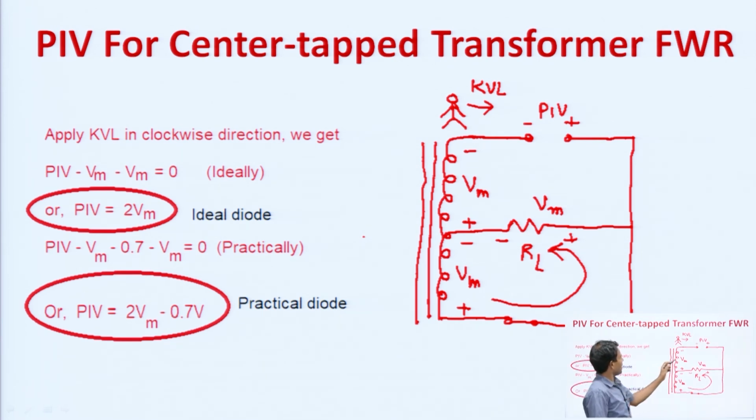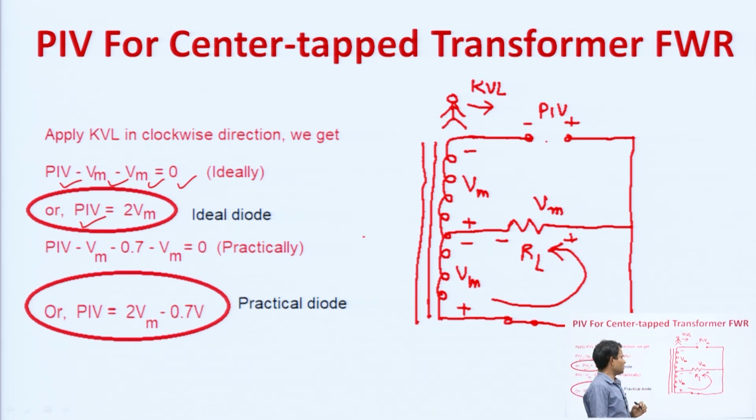Now, the center tap rectifier. For the negative half cycle D1 is in reverse bias and D2 conducts, and the current flowing through the load is from right to left, and the maximum voltage across the load is Vm. Now, applying KVL, we are going through an increase of potential: this is PIV, this is minus Vm and this is minus Vm, equal to 0. This means PIV minus 2Vm is equal to 0, so ideally PIV is equal to twice of Vm.